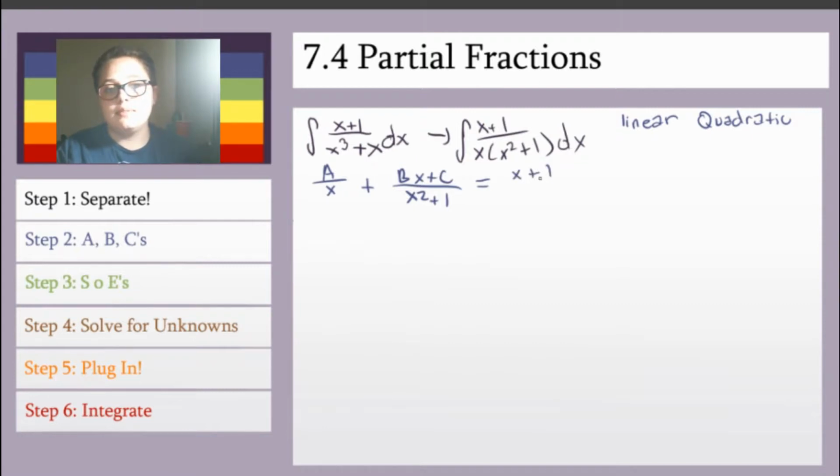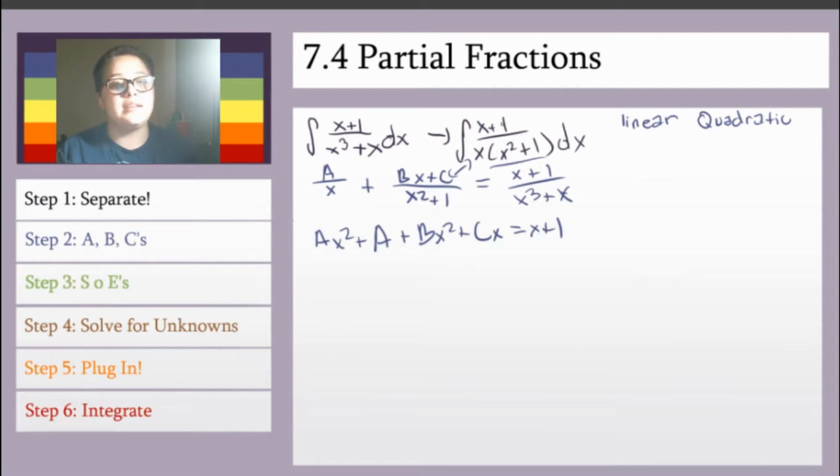So, multiply those over, you get A times x squared plus 1, or Ax squared plus A, plus Bx plus C multiplied by x, which is going to give us Bx squared plus Cx equals x plus 1, since we've gotten rid of that denominator completely.